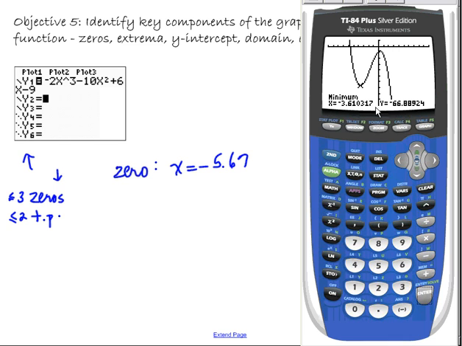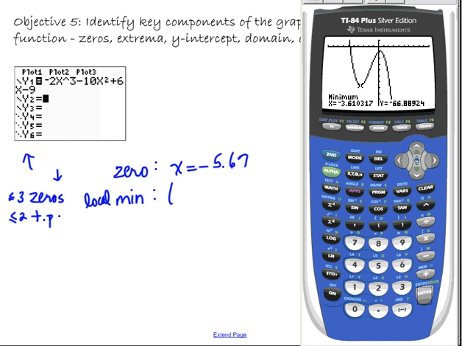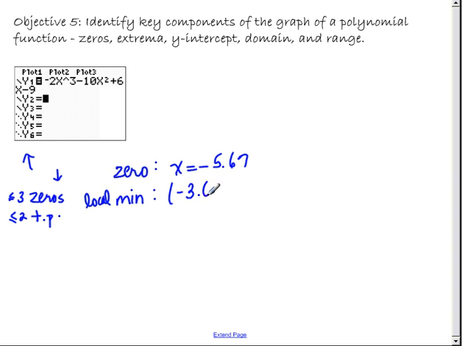And now our minimum is -3.61, -66.89. So that's one of the local minimums. And you'll be told how many decimal places to round those to.